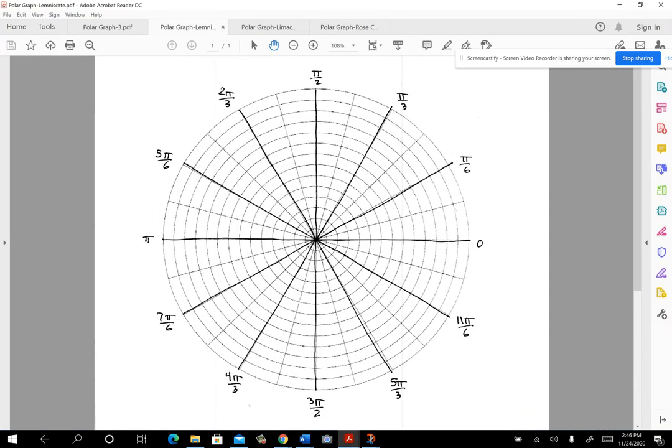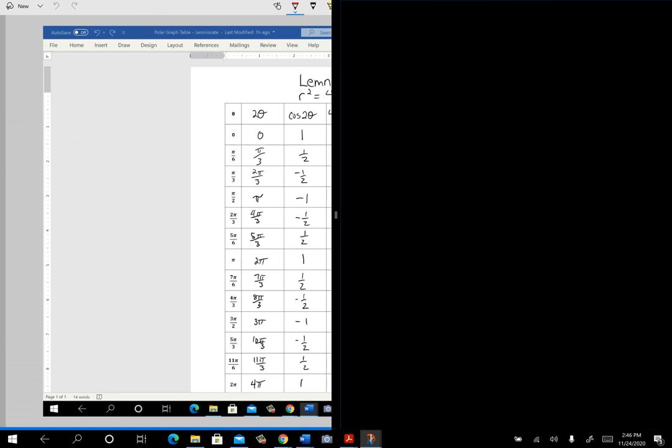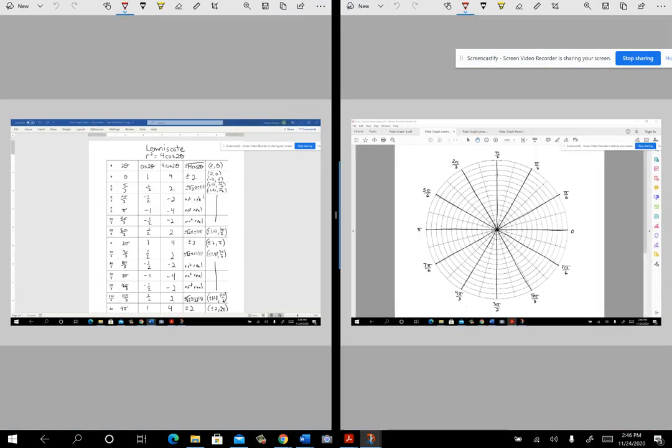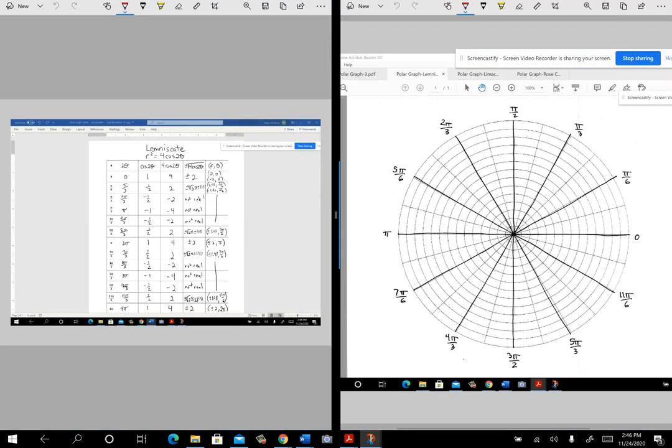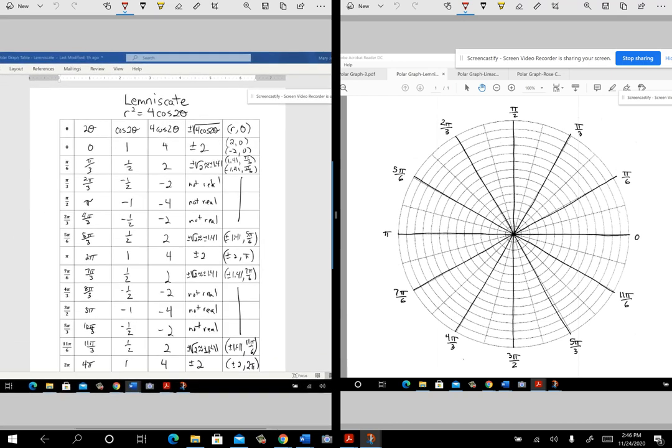Okay, so I'm going to try to get a pretty decent graph of this.